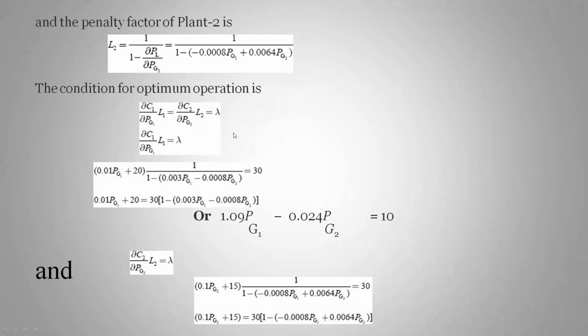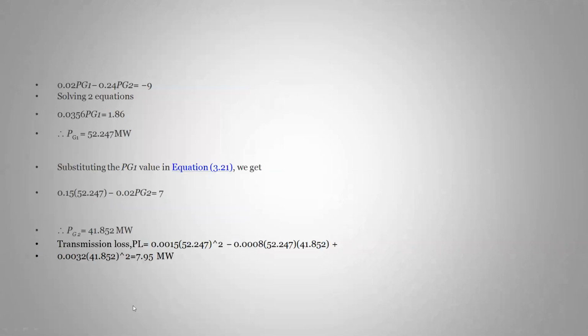Same process, dou C2 by dou Pg2 into L2 equal to lambda. Same, 0.02 Pg1 minus 0.24 Pg2 equal to minus 9. Solving the above equation and this equation, what is the value of Pg1? 52.247.